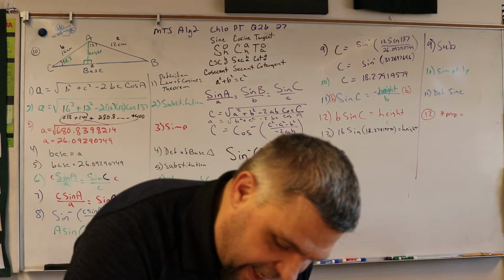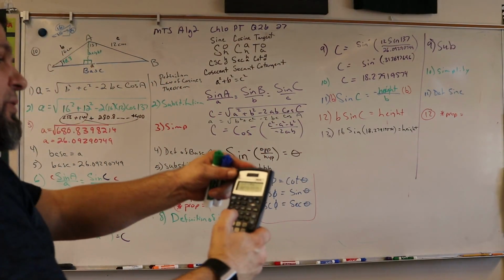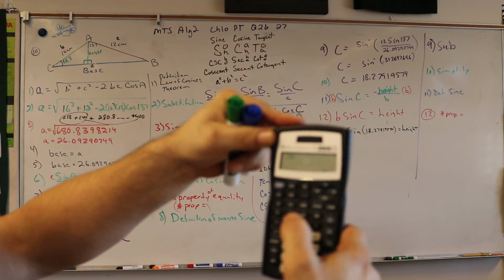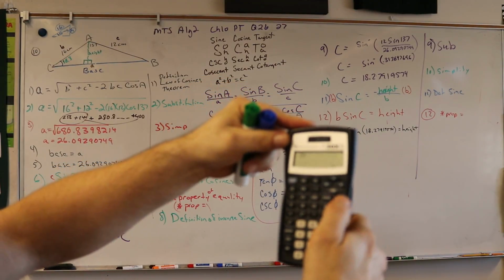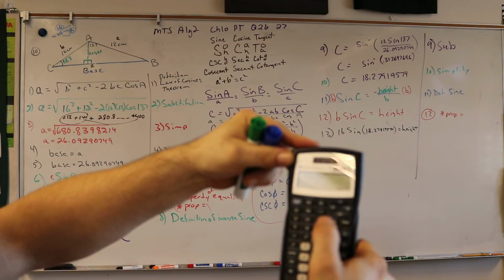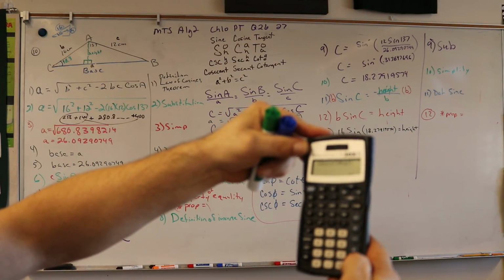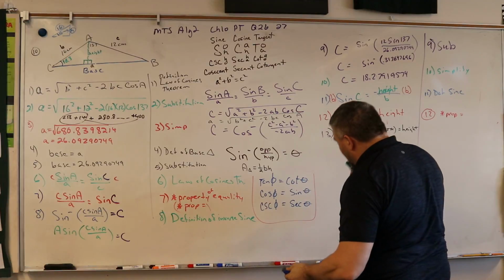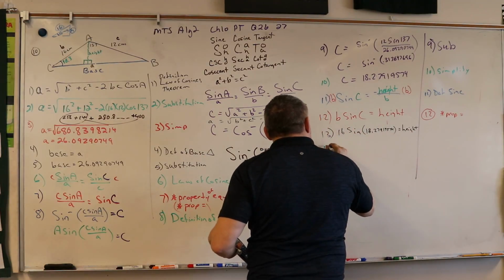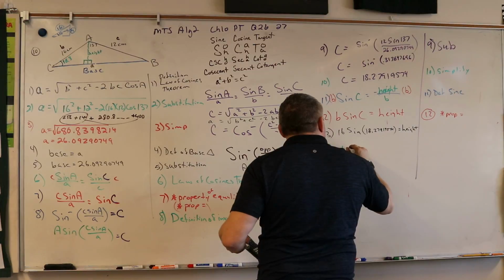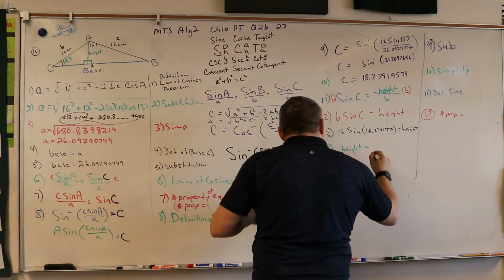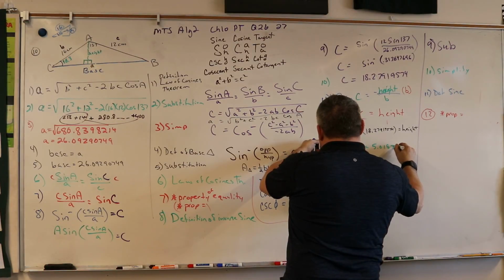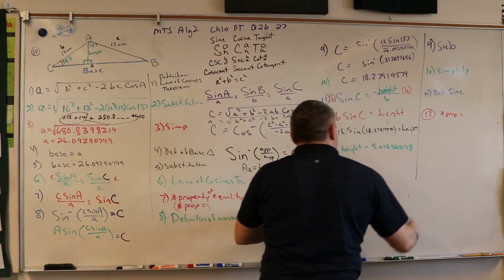Okay, so then I just take that number, because the number's still in there, so I'm going to go 16 times sine of the answer. And I get 5.01. So, for 14, I'm going to get the height is equal to 5.018363138.